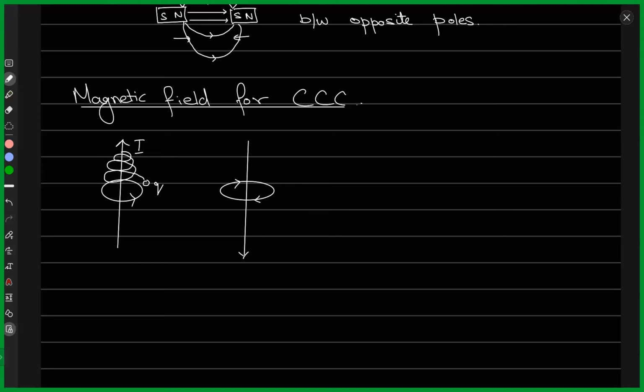Now, for all current carrying conductors, there is a trick to figure out the direction of the magnetic field for a given direction of the current, right?